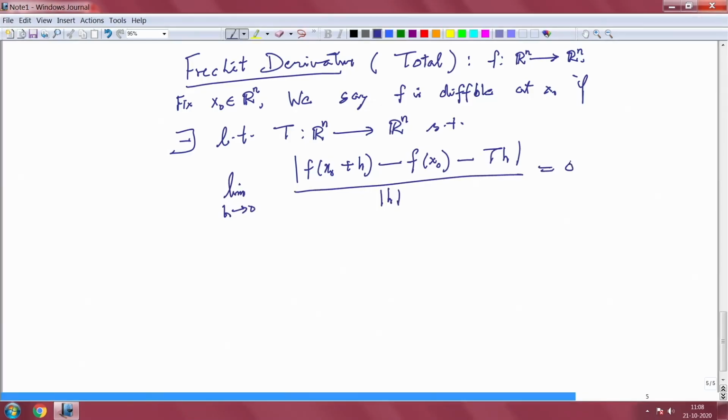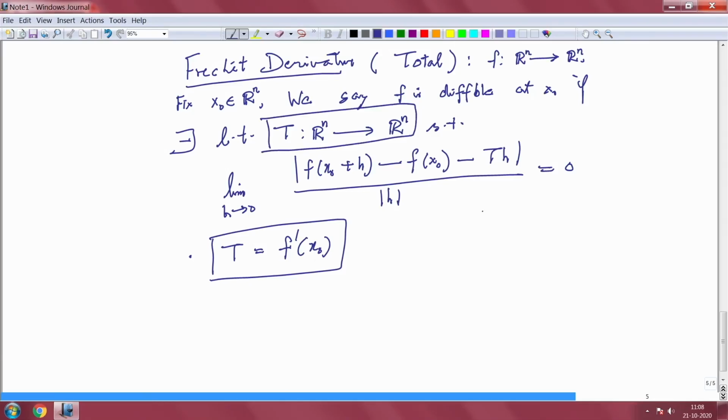So, the Fréchet derivative is a linear transformation. In this case we denote T as f prime, the derivative of f at x naught. It is a linear transformation, it is not a value as such. In one dimension you eventually represent it as a value, but it is a linear transformation from Rn to Rn.